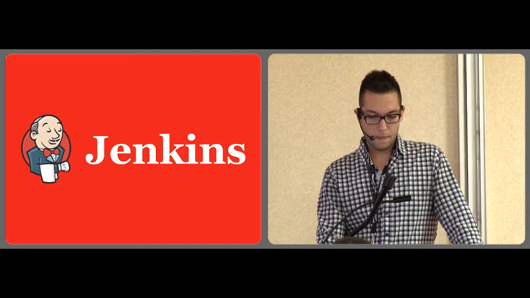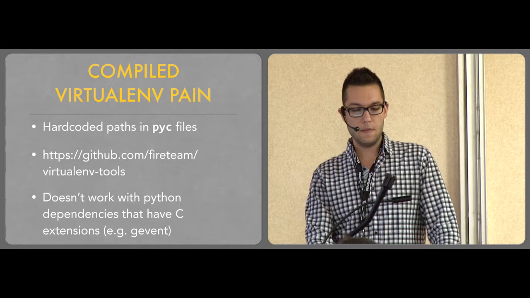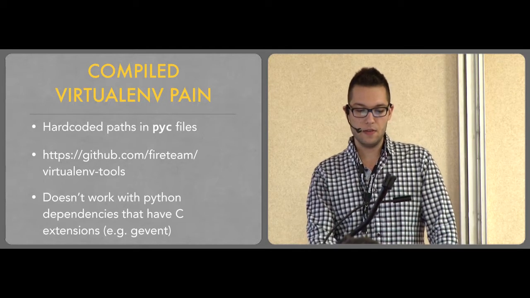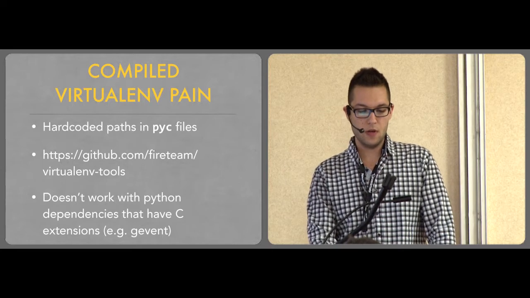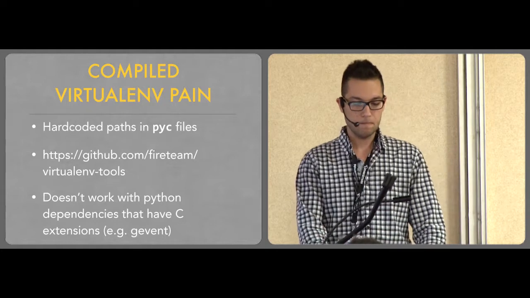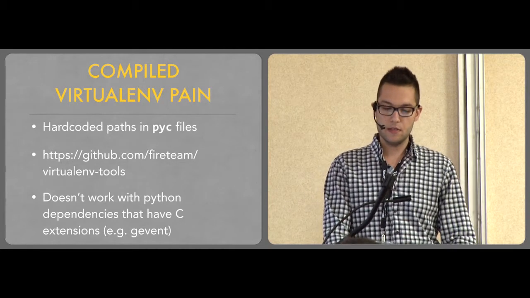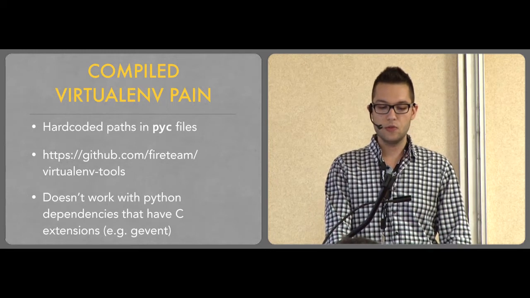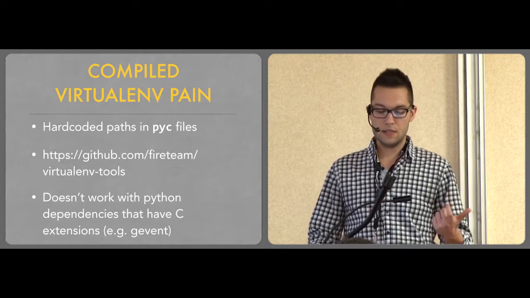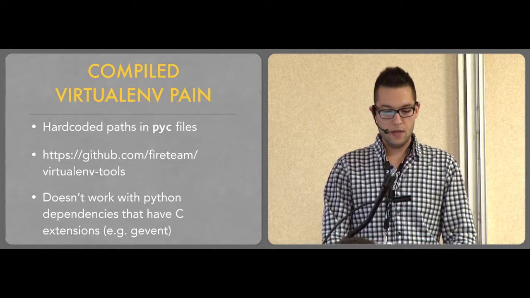When we were starting the actual process, if you've ever dealt with compiled virtual envs, you can run into a few issues. First off, there are hard-coded paths in the PYC files. There are tools to mitigate some of these issues, like Fireteam's virtualenv tools, which iterates through all your PYC files and rewrites the shebang to point to a new path.